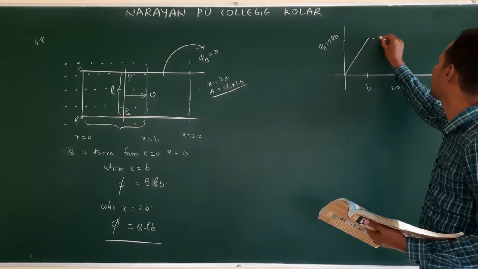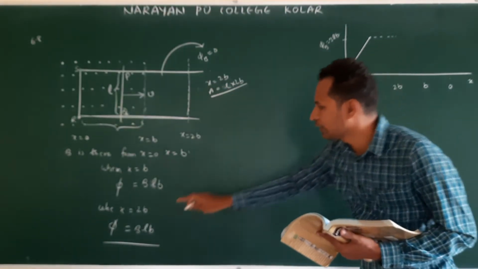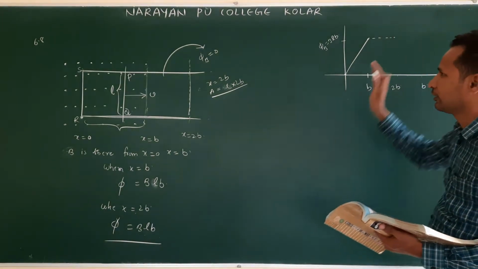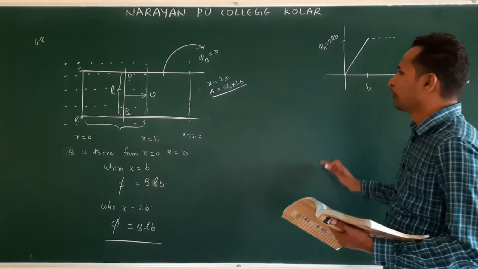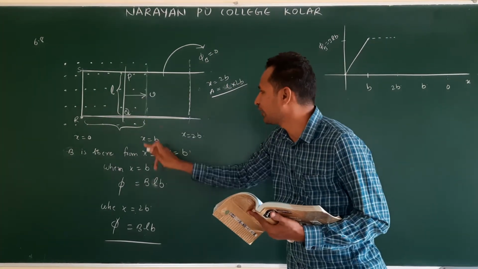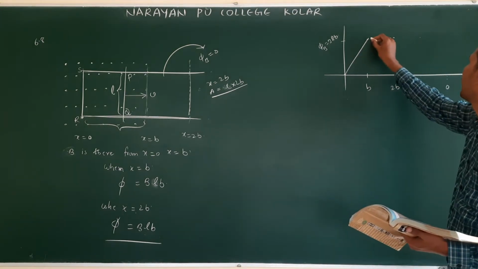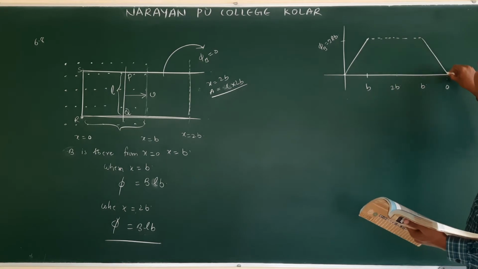Again it is the same BLb only. When x is equal to 2b, what is that flux? BLb. Okay, the rod is here now. Again going back. When x is equal to b, what is the flux? BLb. Again same. When x is equal to 0, then flux is 0.